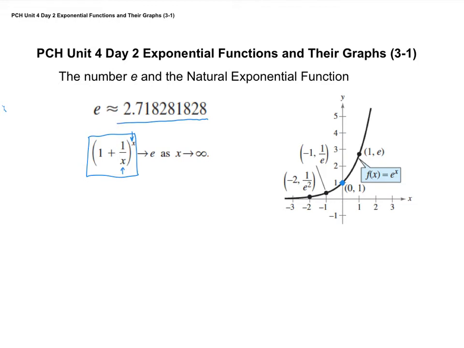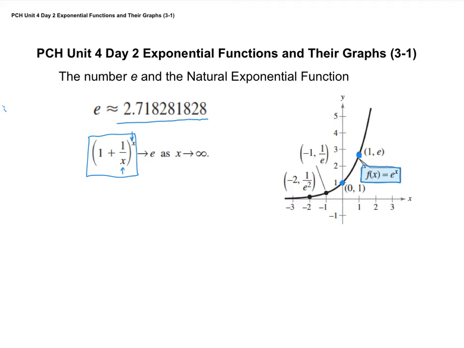Okay? Now, another thing, if you remember, that we looked at in our previous lesson, is that another point on any exponential graph is always going to be the point 1 and then whatever the base is. So if we're looking here at this e to the x, base of e, notice it's hitting the point (1, e).